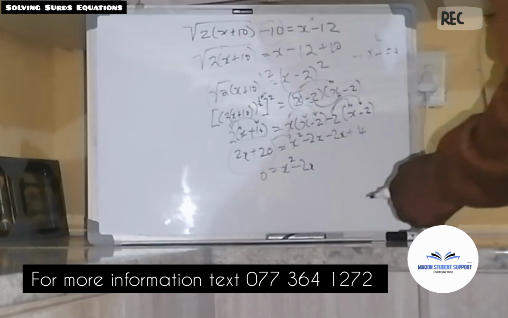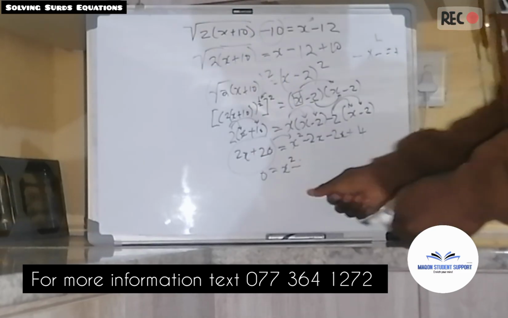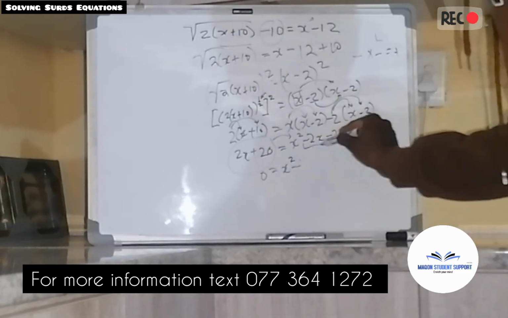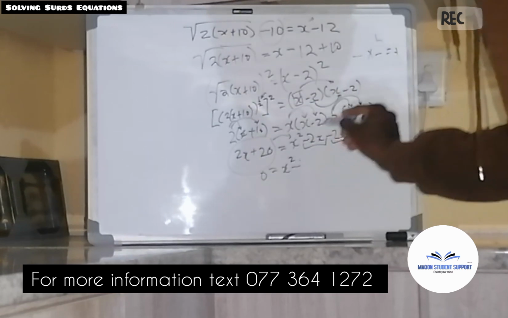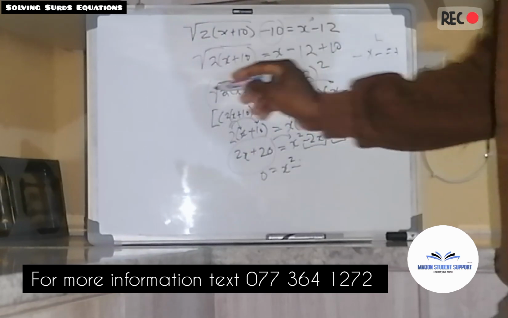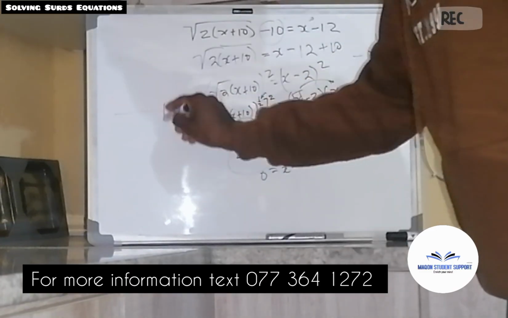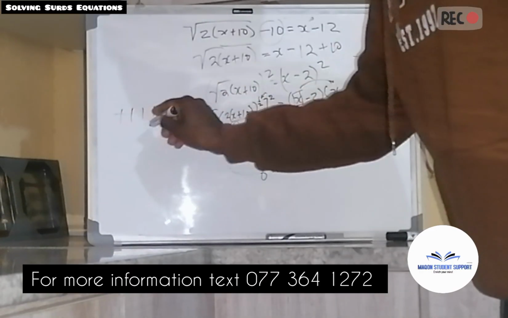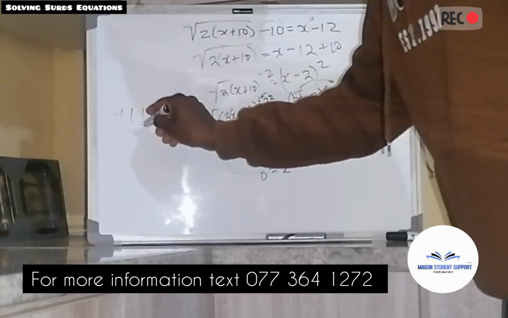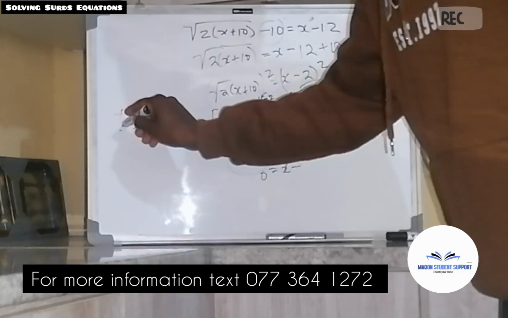But we can try to maybe... we are having like terms here, negative 2x, negative 2x, because now we are adding negative numbers. It comes to negative 1, negative 2, negative 3, negative 4.